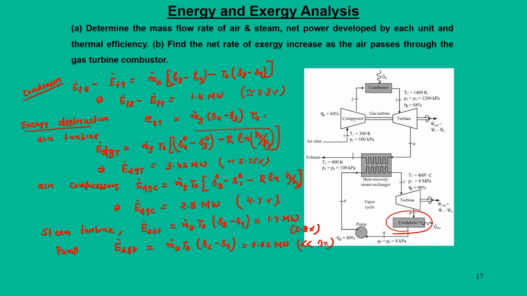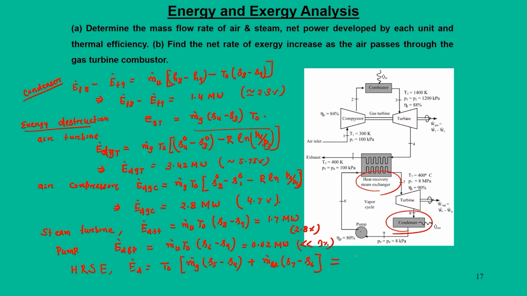And for the heat recovery steam generator, E dot D is equal to T0 times, for the gas side, m dot G into S5 minus S4, and for the steam side, m dot V into S7 minus S6.